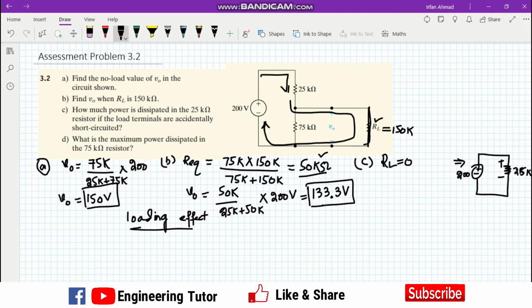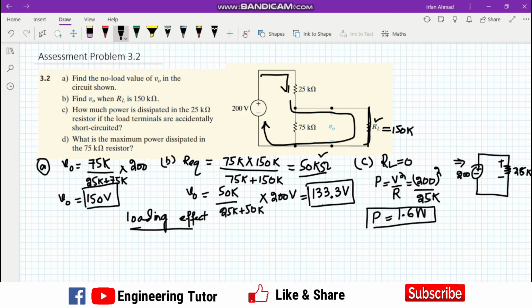The power dissipation across it will be equal to V squared divided by R. V is 200, which is all dissipated across this 25 kilo ohm, and its resistance is 25k. So the power dissipation will be equal to 1.6 watts. This is the solution of part C.